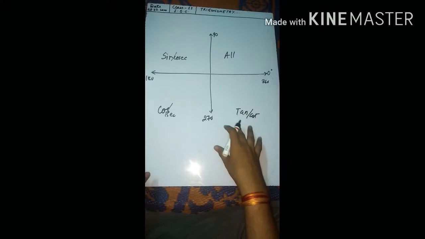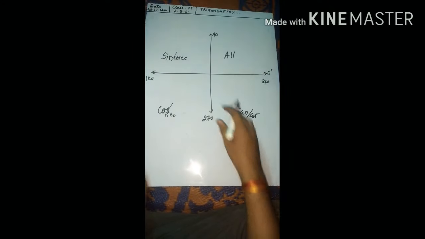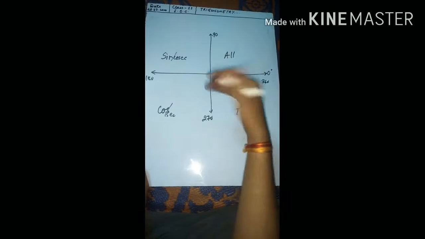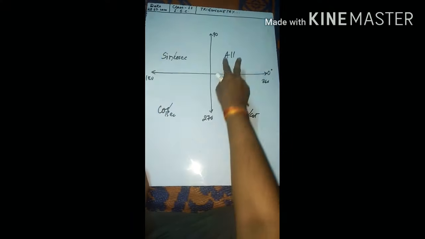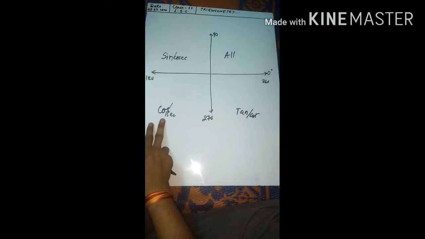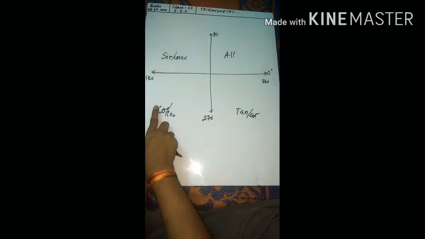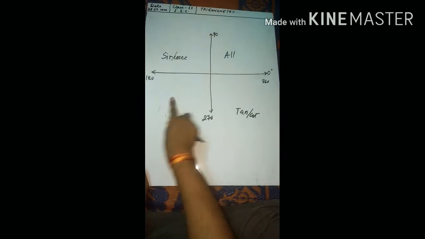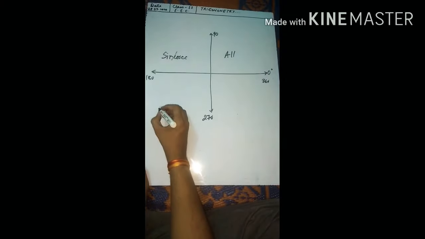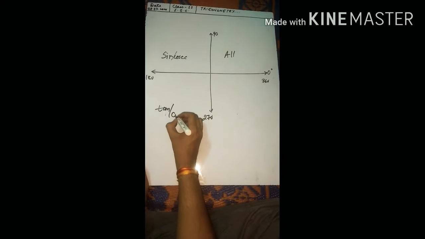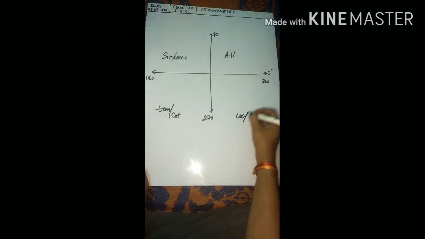How can you remember that positive, negative? There is one mnemonic for remembering this one. Add sugar, all sine, tan, cot. Wait. I have made one mistake here. Actually, this is the tan and this is cos.